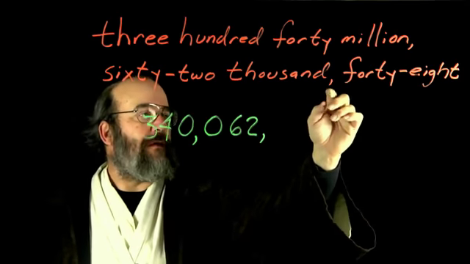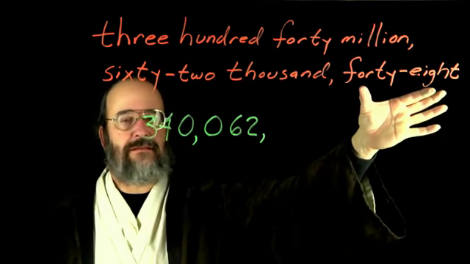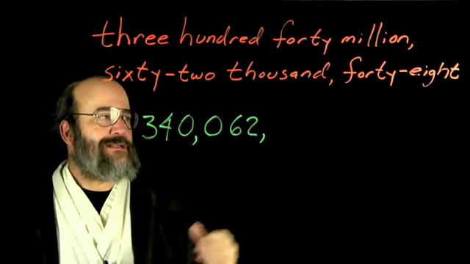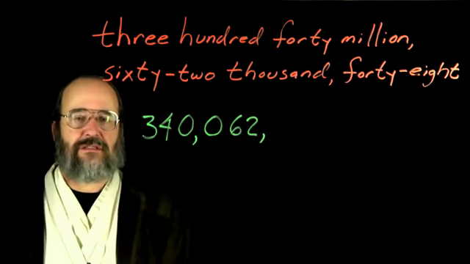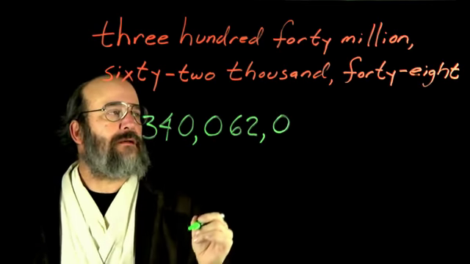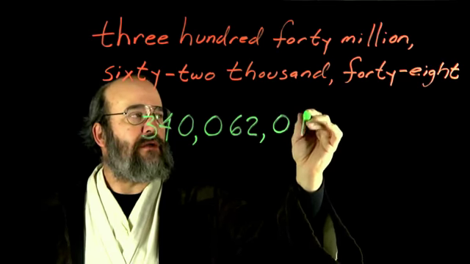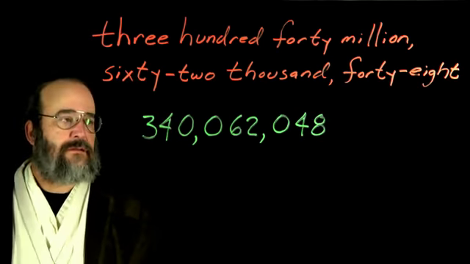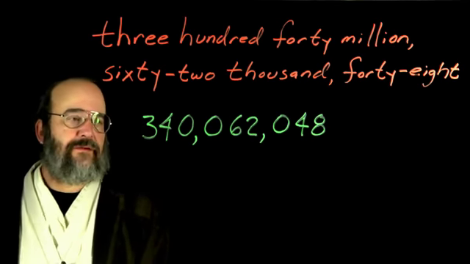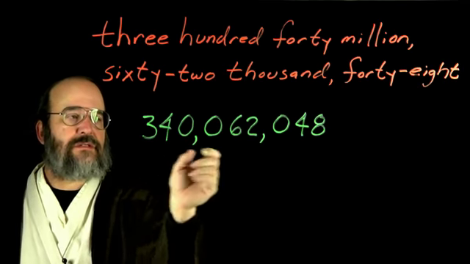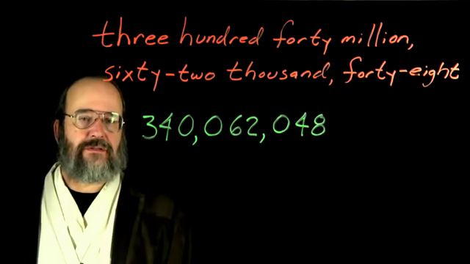Then, after the comma, here's my next set of numbers, 48. So once again, it's only the last two digits, so I need to put in a 0 to hold the hundreds place, and then put in 48. So what we have is breaking it down by periods, millions, thousands, and ones.